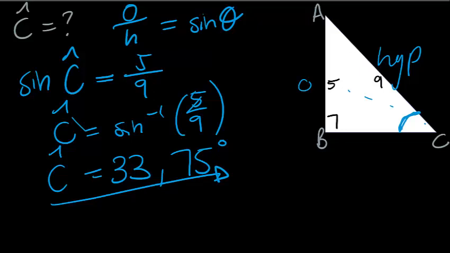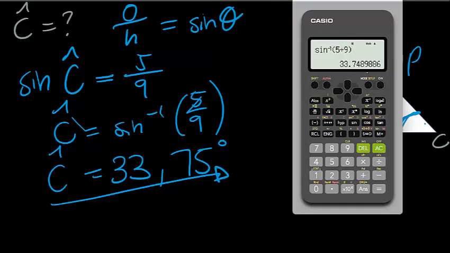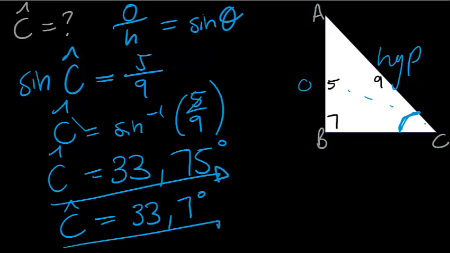Now, just remember that the questions will be very specific about the number of decimal places. If I check this one, it actually said to 1 decimal place. So it should be 33.7 according to the calculator, right? 33.74 becomes 33.7. C is 33.7 degrees as my final answer, not that one.